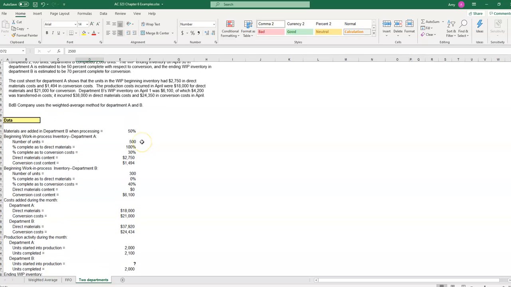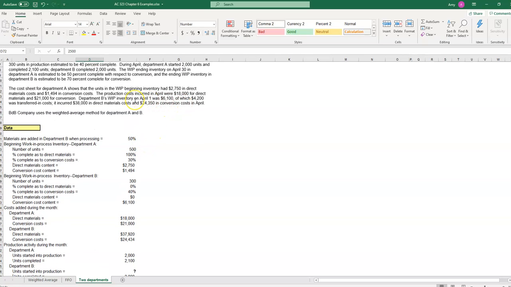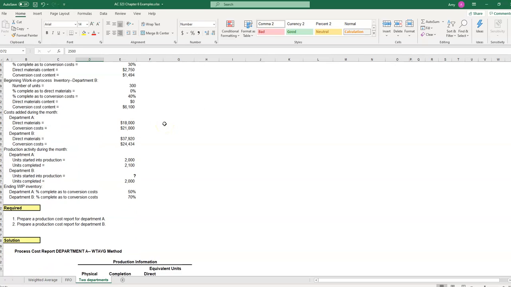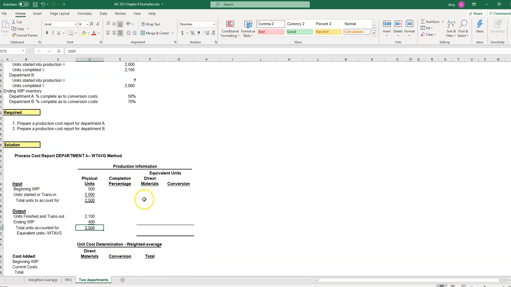And our ending work in process in Department A was 50% complete for conversion and 100% complete for materials.